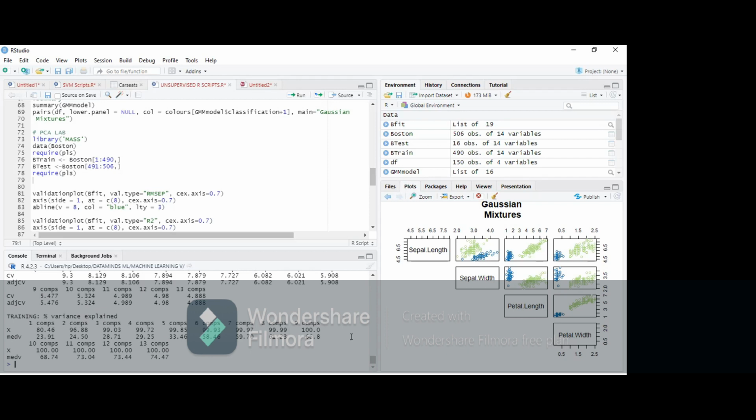But at this point, when we look at it critically, 96% is sufficient to explain. Components 1 and 2 are sufficient to explain what happened to the variables.